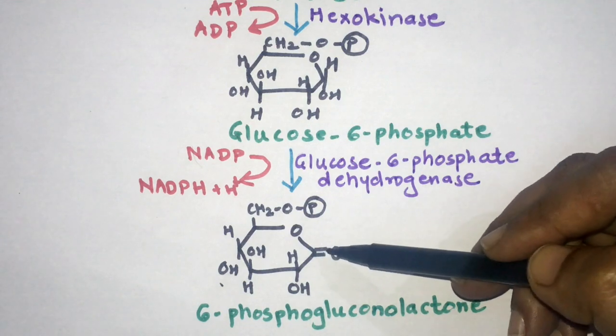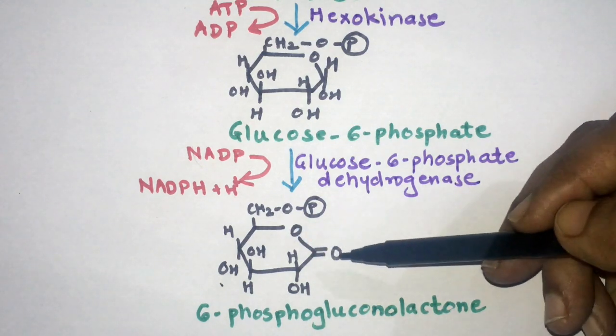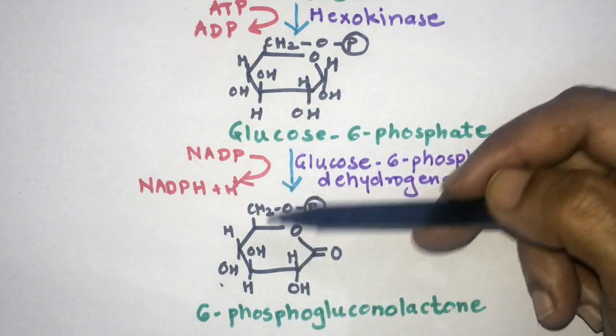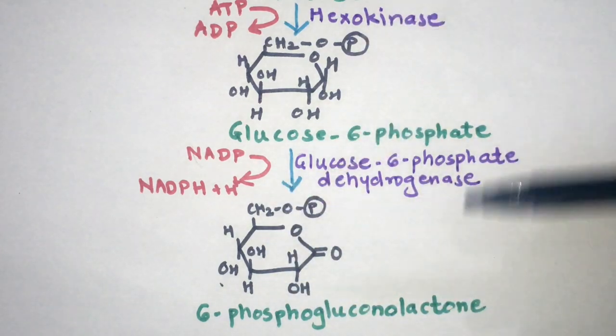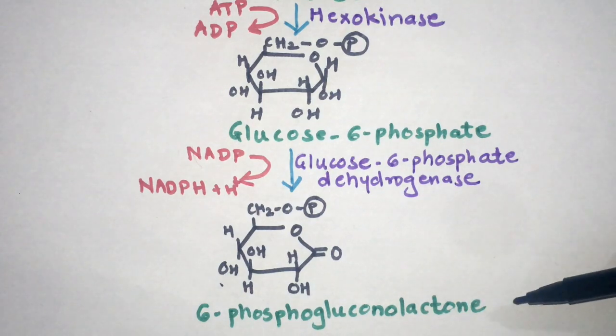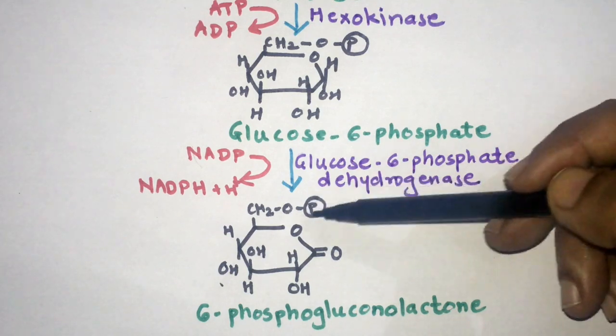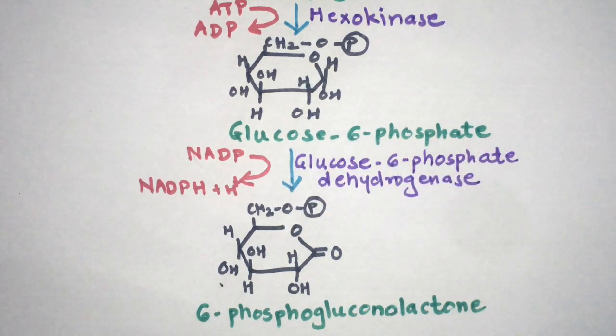Now as here there is a C double bond O and this O over here, this is an ester molecule named 6-phosphogluconolactone. It is 6-phospho because there is a phosphate attached to the 6th carbon atom.